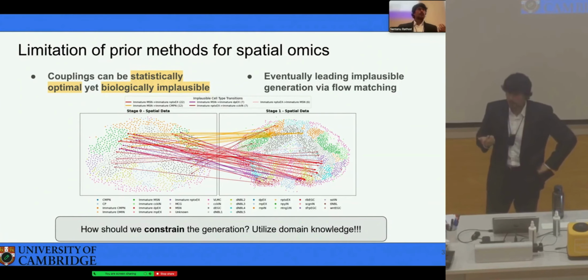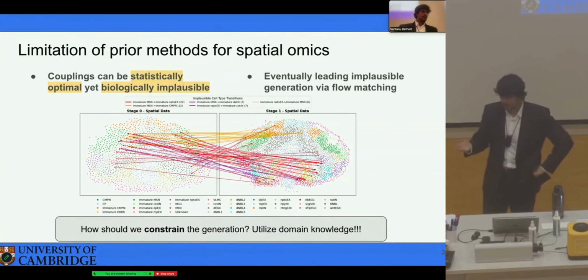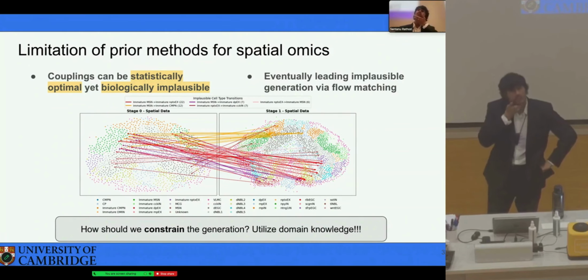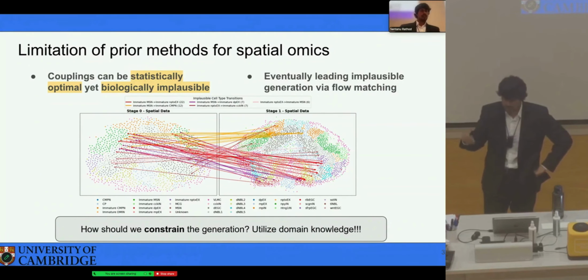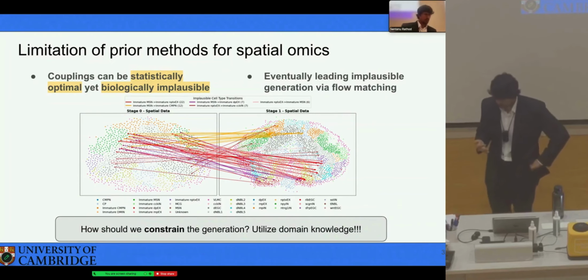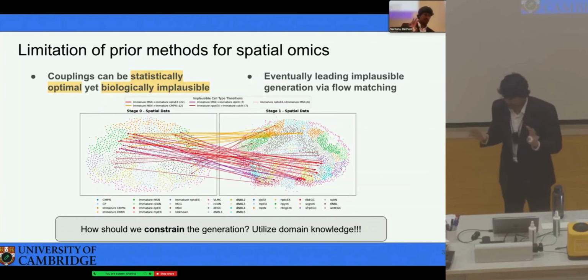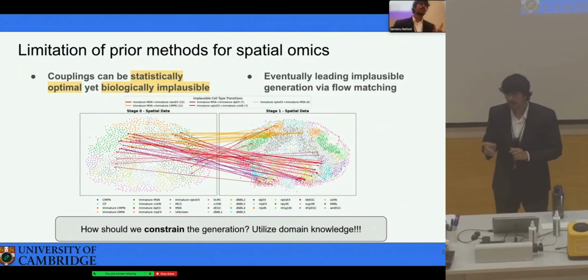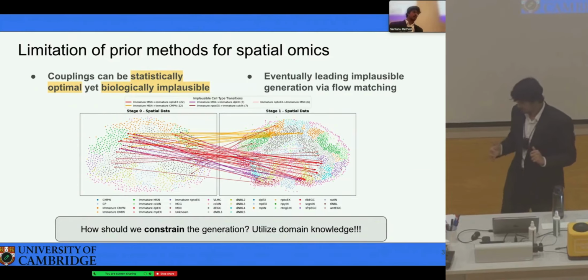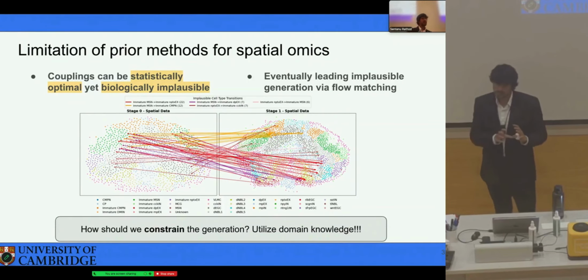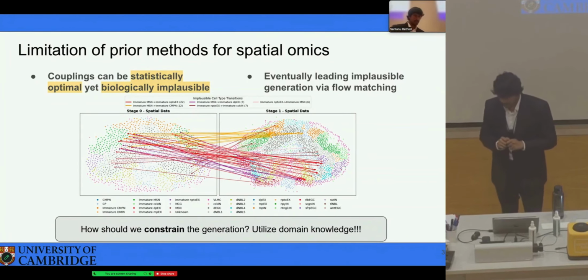This is suboptimal because, as seen in the figure over here, what you have is two sets of spatial omics slices from two consecutive time steps. Here, I took this spatial omics data, ran the Sinkhorn algorithm on it, and got optimal transport couplings.